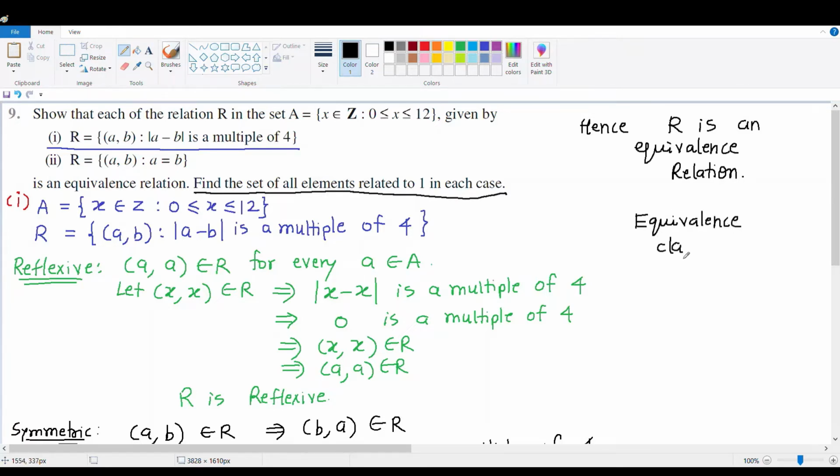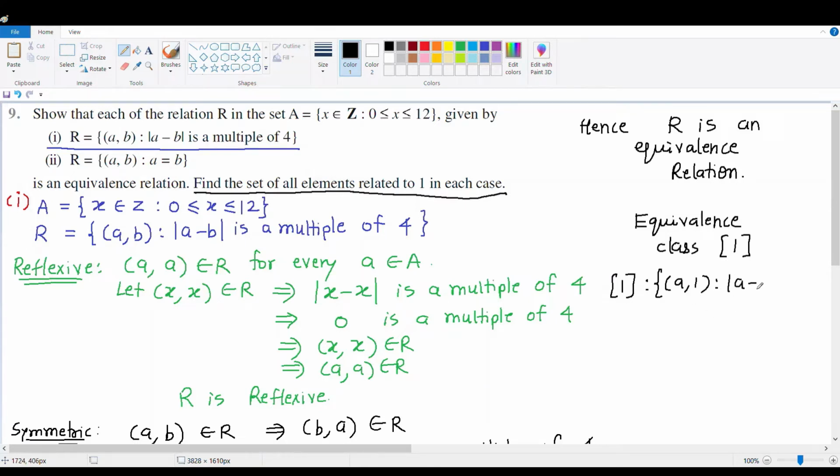Always remember, when you are asked for an equivalence class, whatever number you are asked, here 1, that number is your second number. So wherever you see b, you are going to write 1. This becomes a comma 1, where a comma b had the second number b replaced by 1.